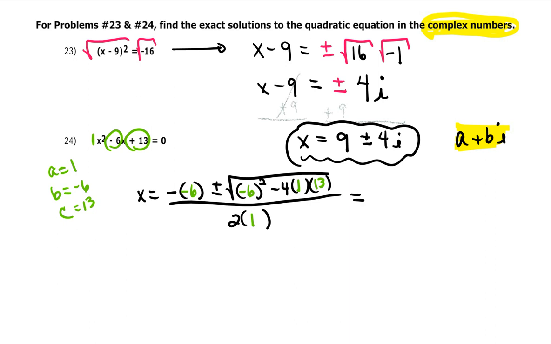And so now this part, negative of a negative 6 is going to be a positive 6, plus or minus the square root of, and then when I do all of this under the radical, when you take negative 6 and square it, that is a 36, and then minus 4 times 1 times 13 gives me a negative 16 again.